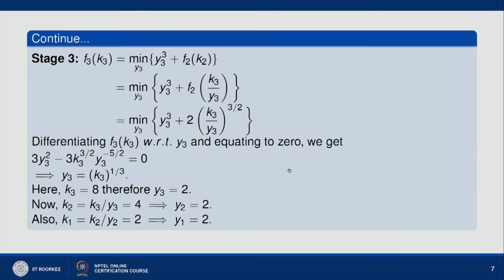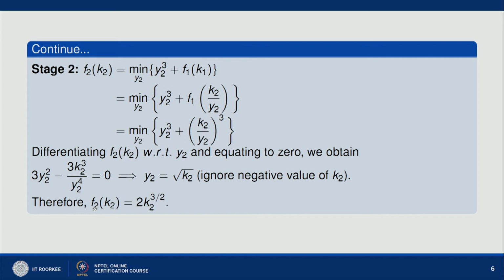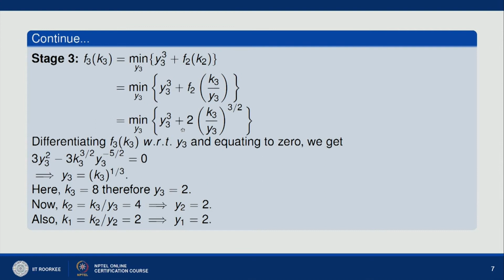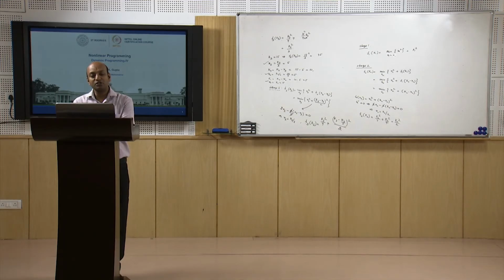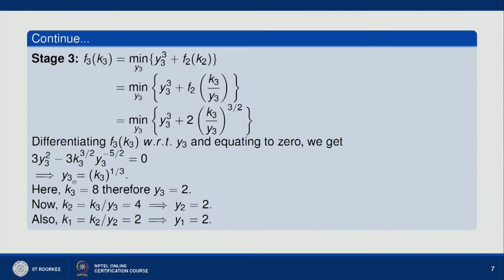So, you simply replace k2 by k3 upon y3, and as f2 of k2 is 2 times k2 whole raised to the power 3 by 2, you replace it with 2 times k3 upon y3 whole raised to the power 3 by 2. Again it is a single variable function of y3. You differentiate it, put it equal to 0, and find the stationary point which will give the minimum value of this objective function. In this way we get y3 equal to k3 whole raised to the power 1 by 3, and the minimum value of this function.